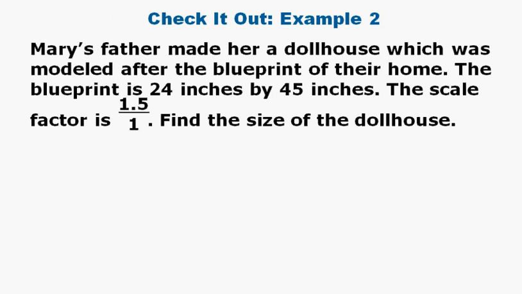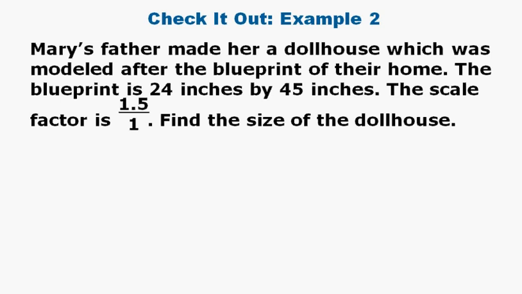So Mary's father made her a dollhouse, which was modeled after the blueprint of their home. The blueprint is 24 inches by 45. So keep in mind, what are we doing? We're creating a dollhouse from the original. What was the original? The original was 24 by 45. The scale factor is 1.5.